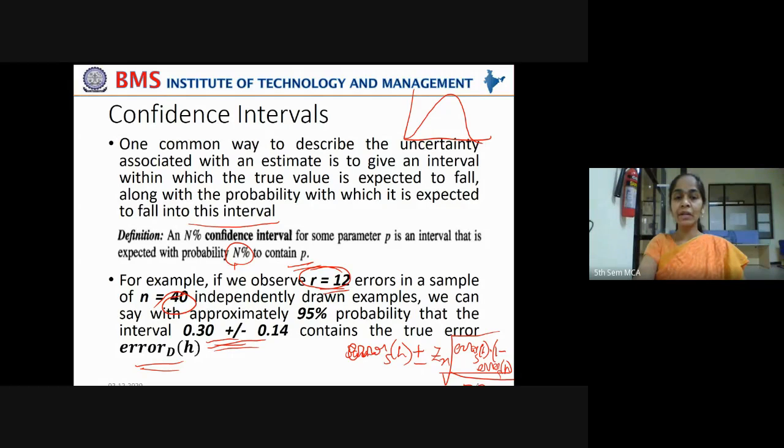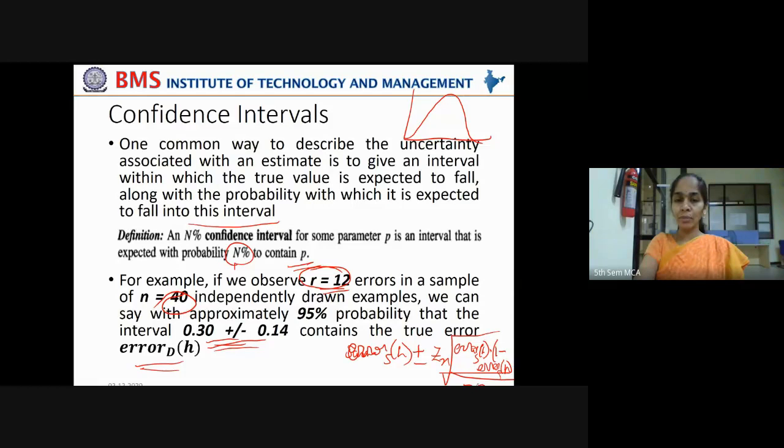Okay, this interval is 0.30. That is the sample error. How did you get the sample error? R by n. How many errors were made? 12. Out of how many data points? 40. So the number of prediction errors 12 by total number of data points 40 will give you 0.30, the sample error.